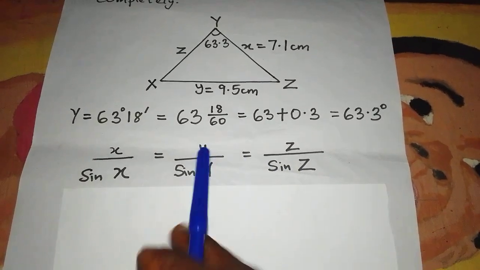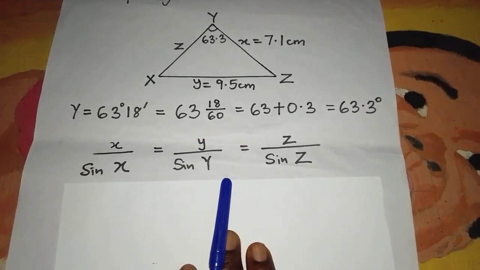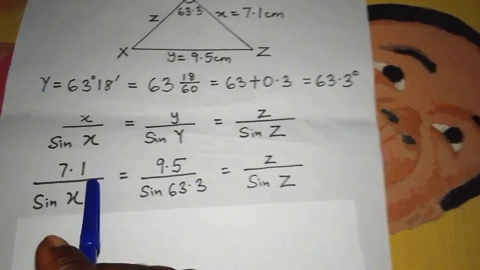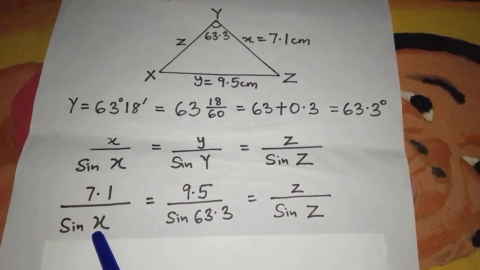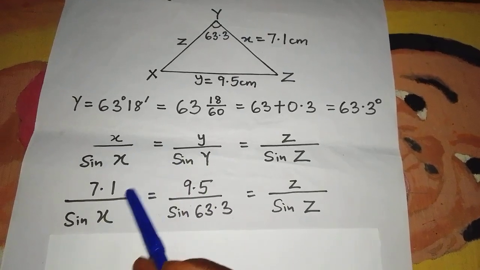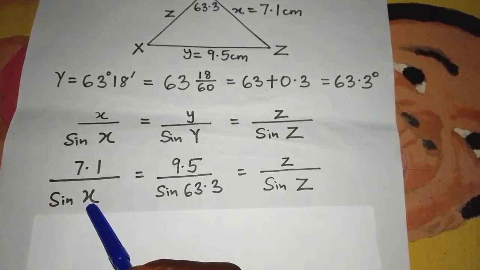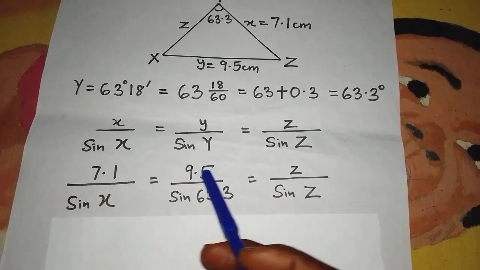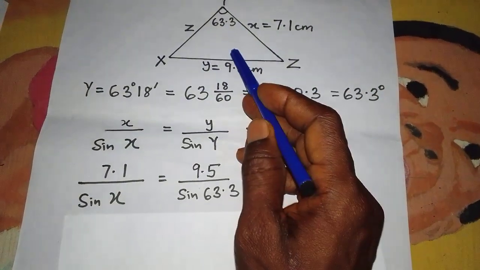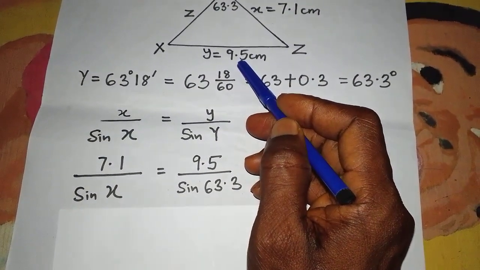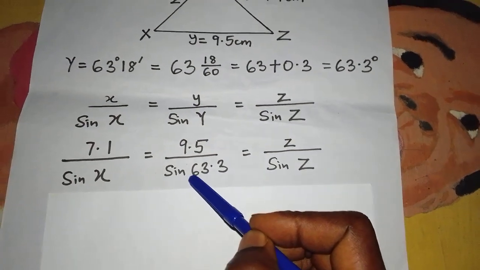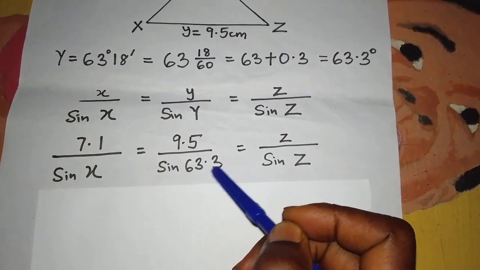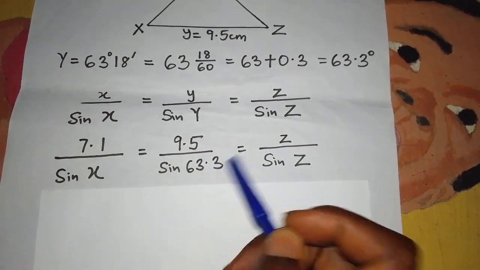Now we are going to substitute the values. Our x is what? 7.1 over sine x. We don't know the value of angle x, equals y, the small y is 9.5, over the angle y, which is sine 63.3.